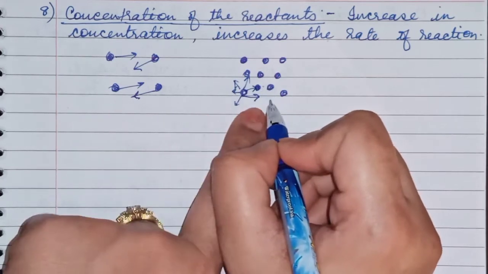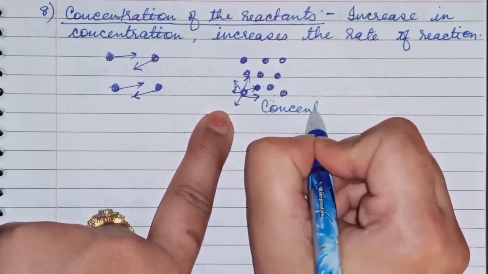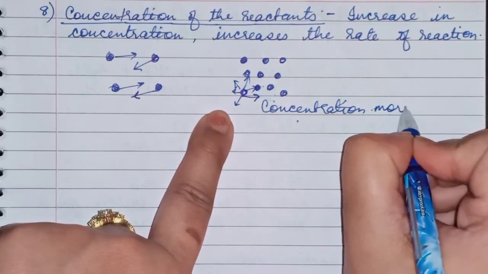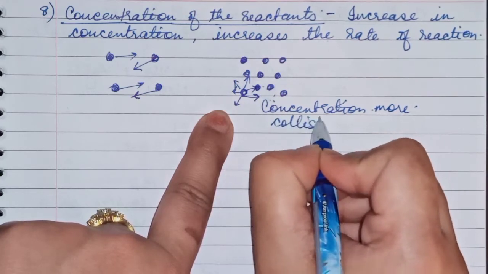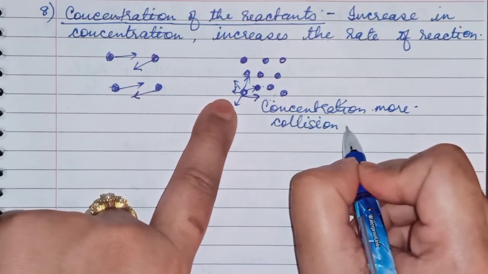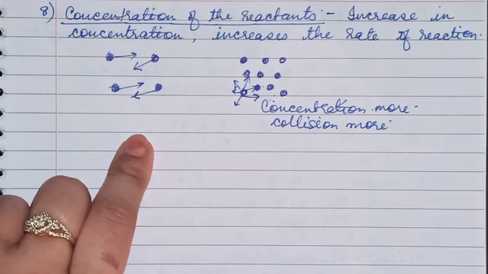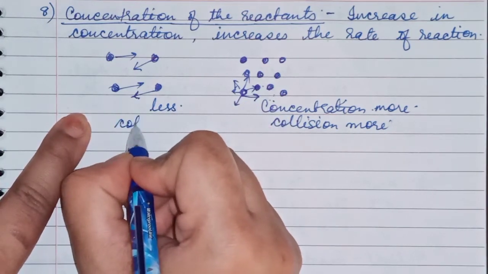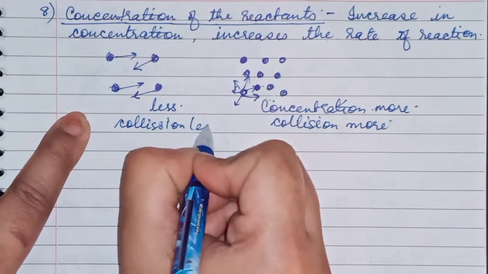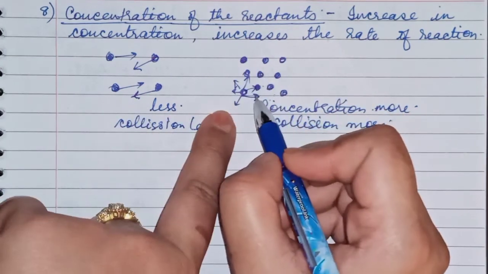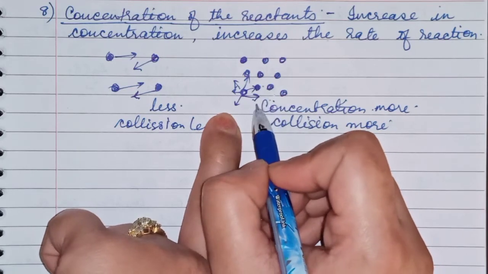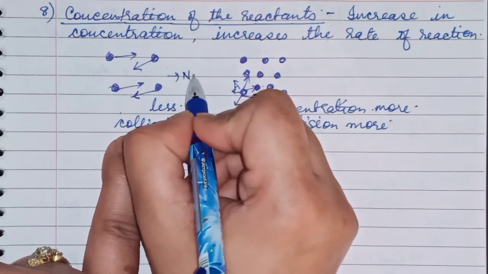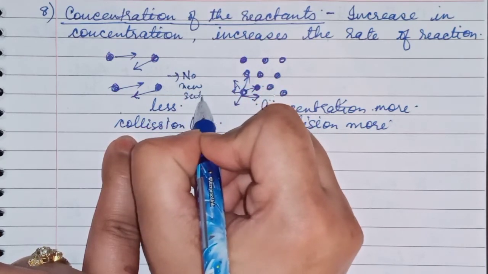So here the concentration is more, so the rate of collision, meaning they will come in contact with each other, will be more. And here the concentration is less, so the collision will be less. When they are colliding with each other, they form new compounds, and when they are not colliding, no new substance forms.